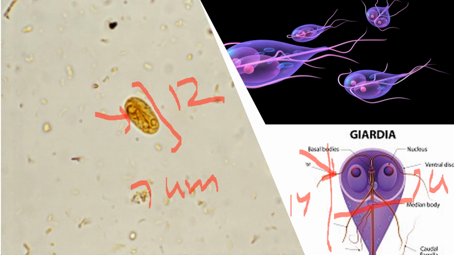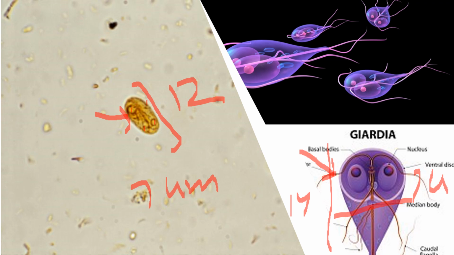Here you can see the cyst contains 4 nuclei, 1, 2, 3 and 4. One cyst of Giardia gives rise to two trophozoites inside the intestine, and these trophozoites reproduce by binary fission longitudinally, dividing into two.